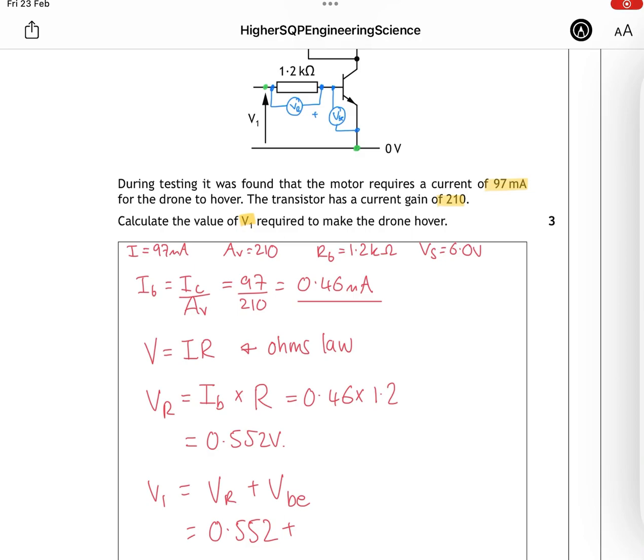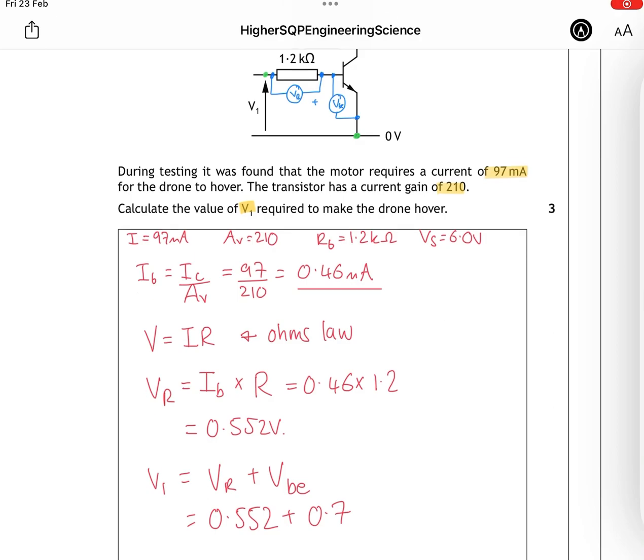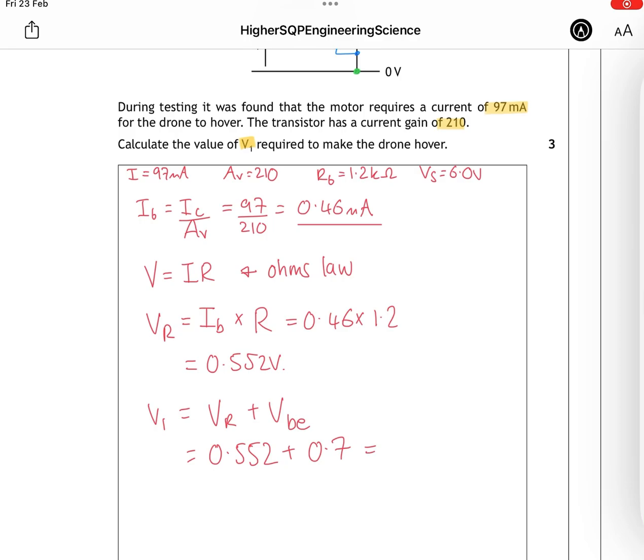And we're assuming that the transistor is going to be turned on fully, so the voltage between the base and the emitter is 0.7 volts, because remember that is the voltage at which the transistor will saturate. Adding those two together gives me 1.252, and so rounding that to two significant figures gives me 1.3 volts. I'm just going to write that as to two significant figures.